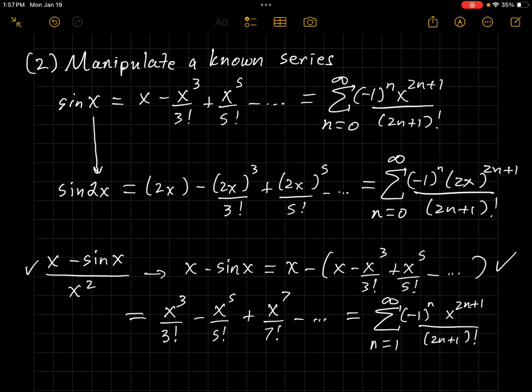I went from negative x cubed to positive x cubed, positive x to the 5th to negative x to the 5th. So if I plug in n equals 1, all the terms are correct, but my signs are wrong. But now they're correct if I fix it by changing to the negative 1 to the n plus 1 power.